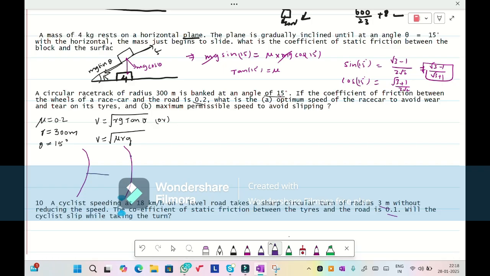The angle between the horizontal and the line joining the inner surface and outer surface is called the banking angle. The outer edge is somewhat raised, some height more thick than the inner edge. The inner edge is thin, the outer edge is thick.